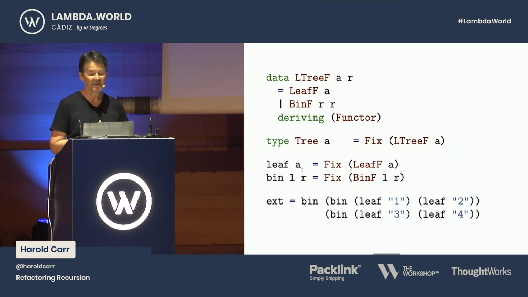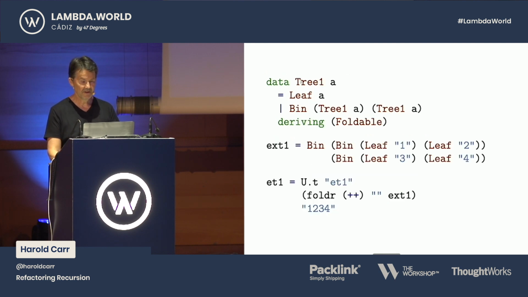But the one way that you'll see when you see other talks and blogs on recursion schemes, and this is the part that I think confuses beginners, I know it confused me, is you define your tree, which remember looks the same thing. I have a tree of A, and they have a leaf with that value, or a binary tree, which just has two of those, the same type.